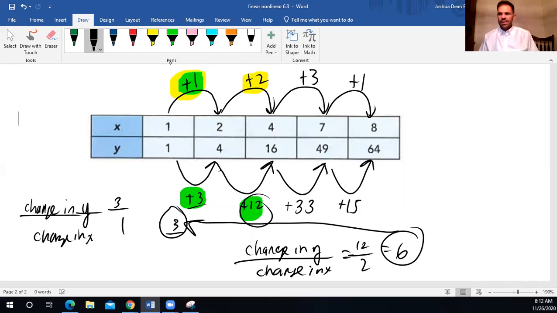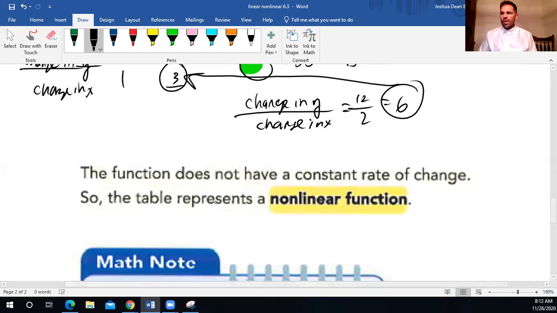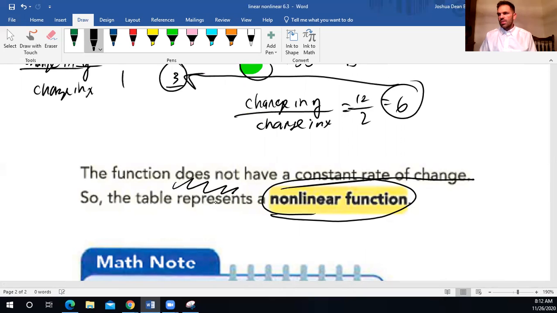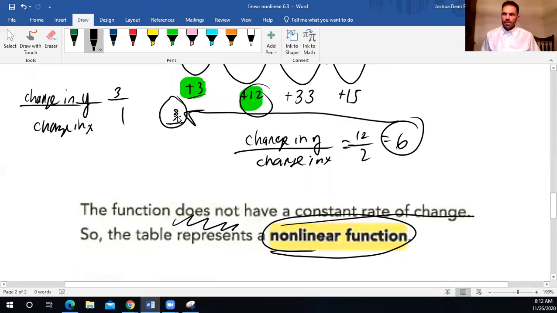Now, let's pause. You can see that 6 is not the same as 3. So if the rates are not the same, then it is a non-linear function. So the function does not have a constant rate of change. And constant rate of change means that they change the same amount each time.